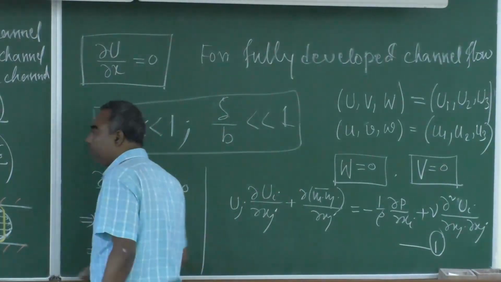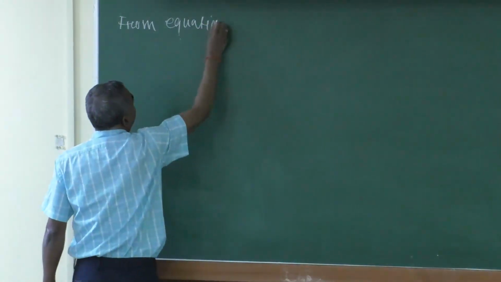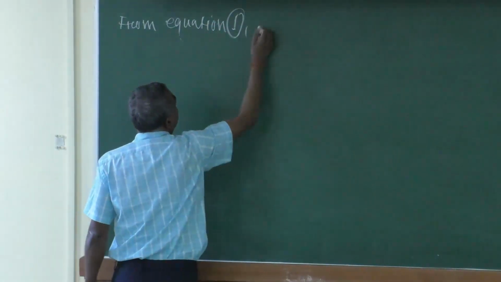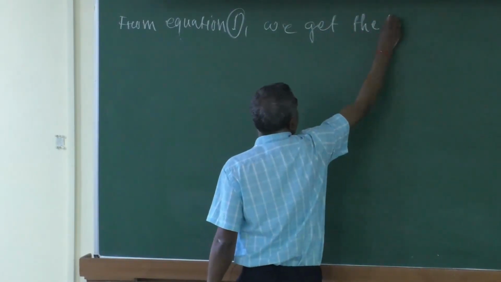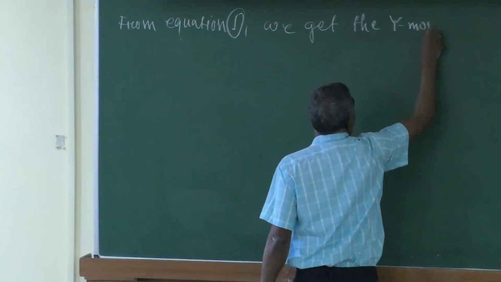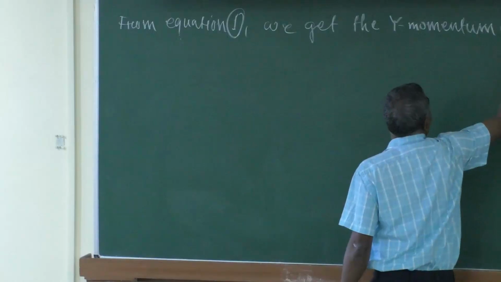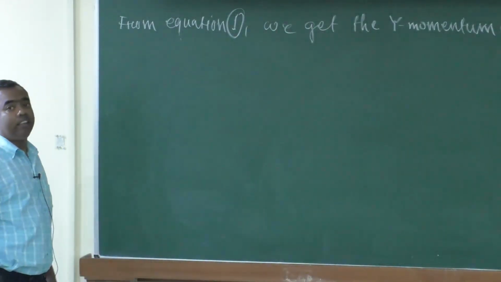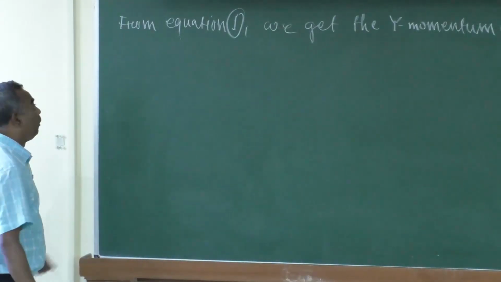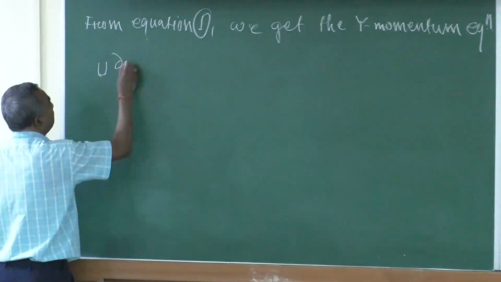Let us do that. For i equal to 2, if I write that equation in terms of u, v and x, y, then we will be able to find this equation from equation 1.